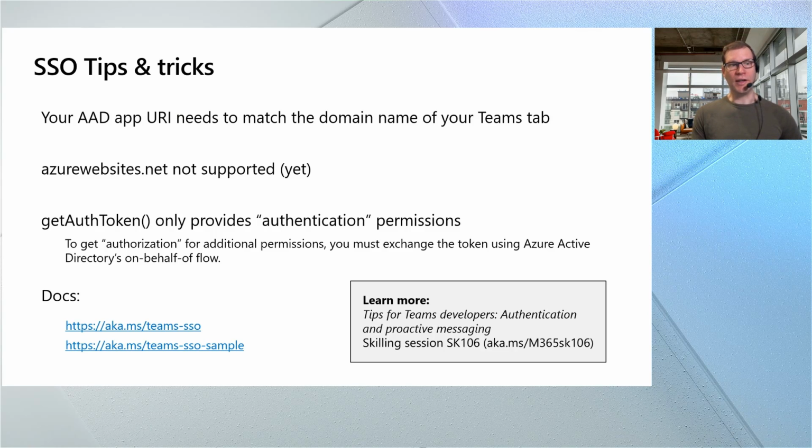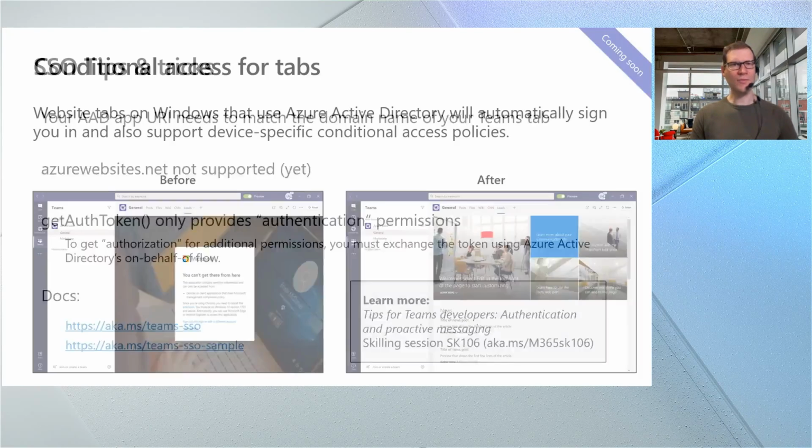Then you will call getAuthToken, and then you will exchange that auth token for a better auth token that has additional permissions that have been consented. And you do that with the Azure Active Directory on behalf of Flow. So to learn more about that, there's this great skilling session called Tips for Teams Developers, Authentication and Proactive Messaging that tells you everything you ever wanted to know and more about SSO.